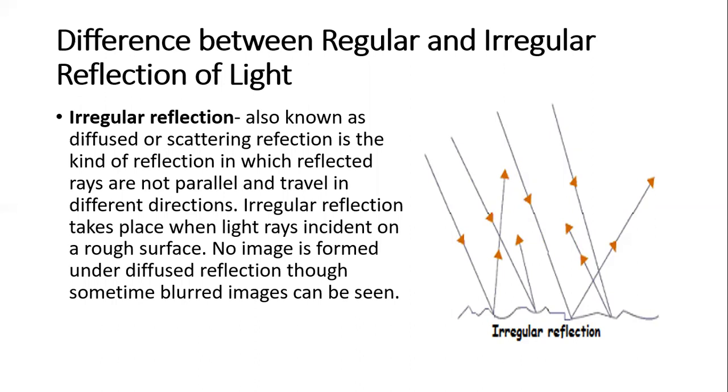The other difference is that in regular reflection, the incident ray hits the smooth surface, creating the regular reflected rays, while in the irregular, the incident rays hit the rough surface, which creates the roughly reflected rays. I hope it's clear, the differences between regular and irregular reflection.